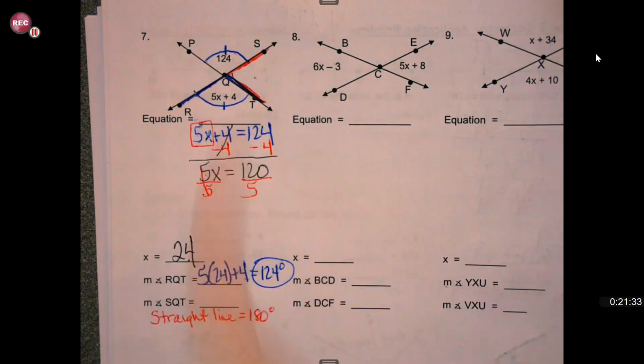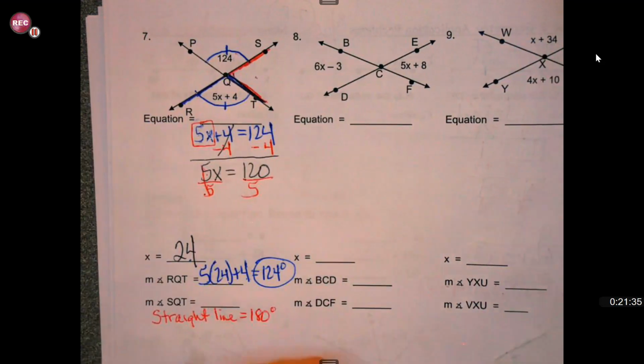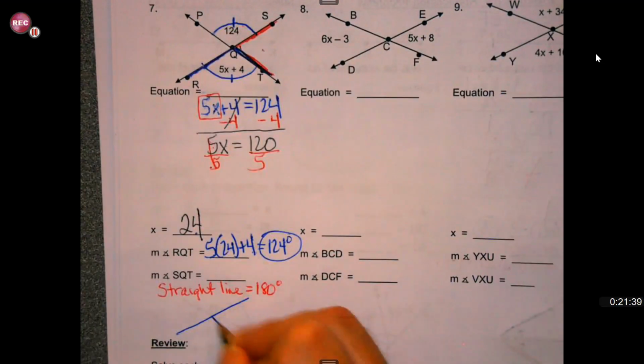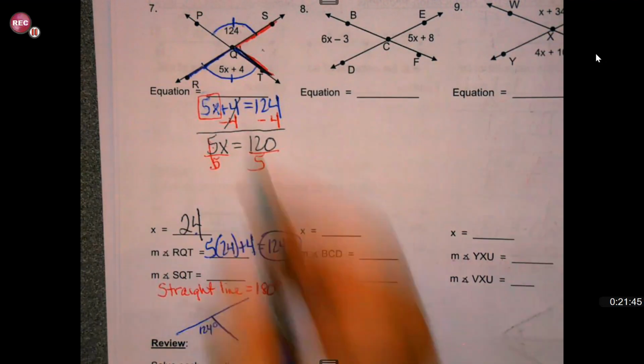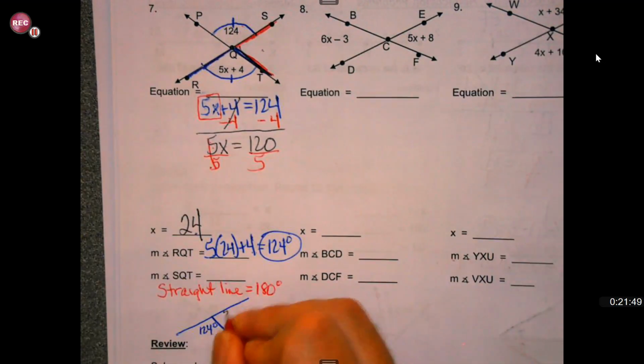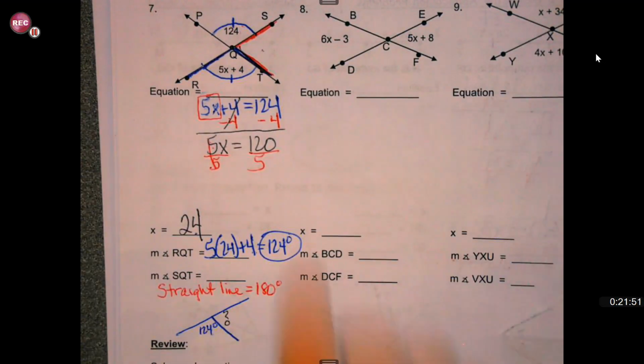If I look at what I have up here, I'm just going to kind of re-sketch it here. I know this angle is 124. I just figured that out. I'm trying to figure out what this other angle is.